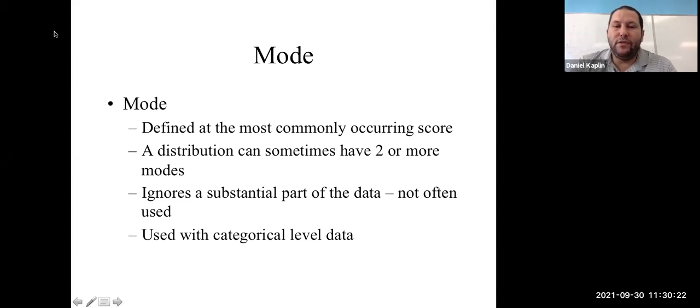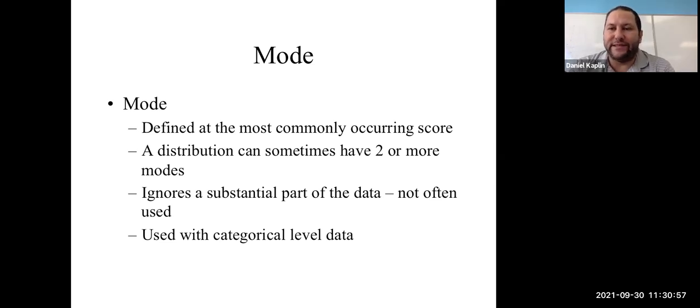As I said, the mode is the most frequently occurring score. In the demo that I did earlier, the mean, median, and mode were identical, meaning that it was symmetrical. Now, here's an interesting thing about the mode. Unlike the median, where you're going to have one number to reflect it, and unlike the mean, where you're going to have one number to reflect it, it is possible to have 2 or more modes, right? So you can have a bimodal distribution.